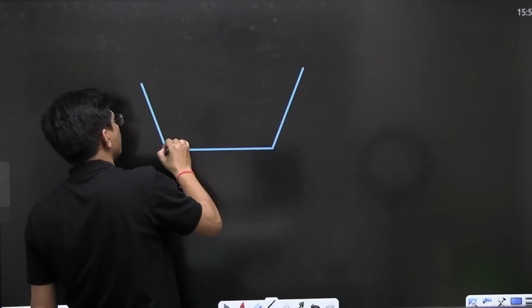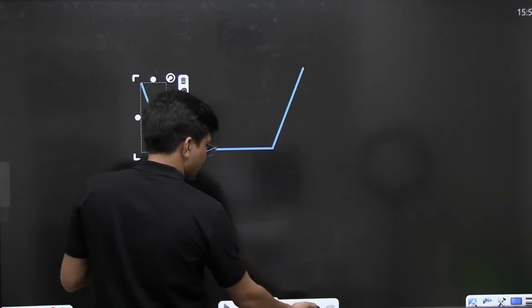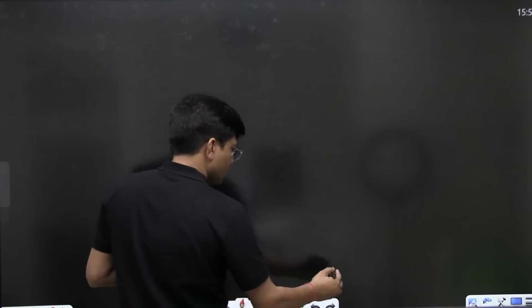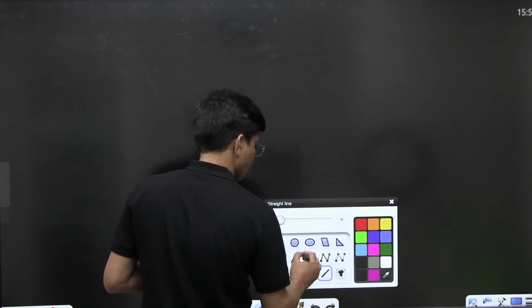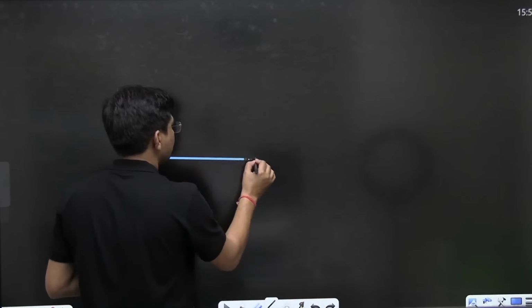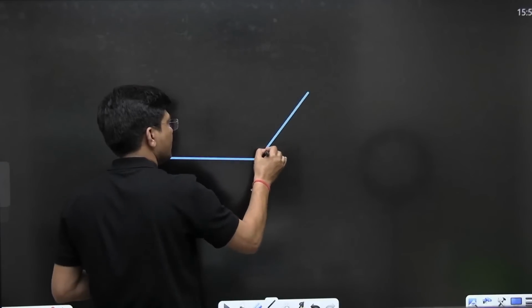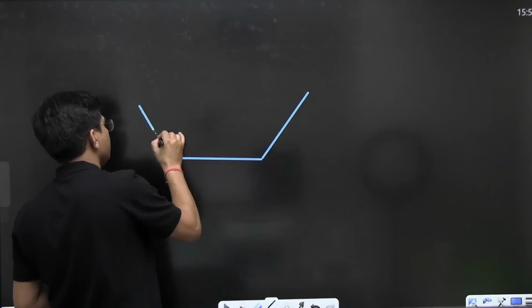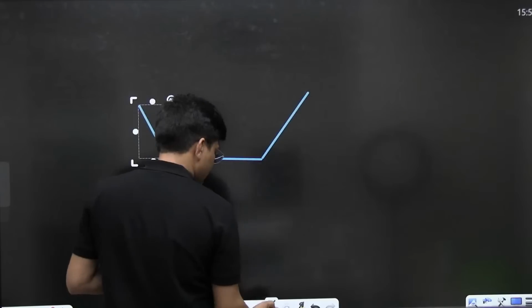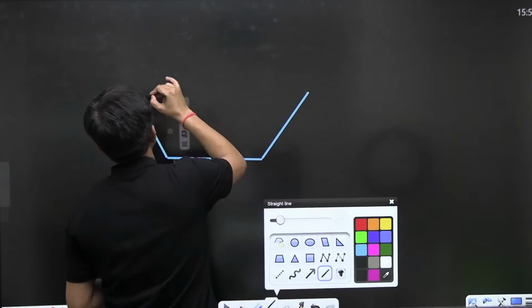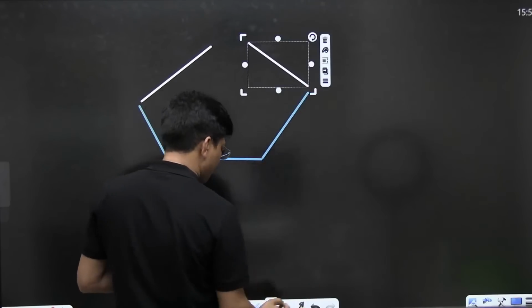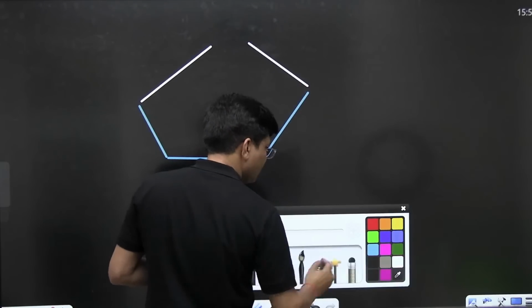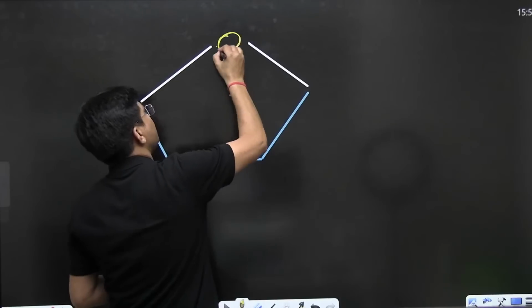Just make a boat. Let me make a boat. Everyone just see to it. This is the boat. Can you see? And this boat must be attached with this oxygen, which is making a bridge. This oxygen was making a bridge in between which carbons?